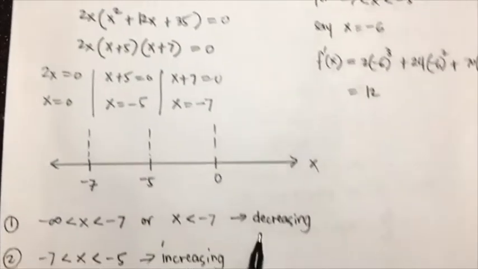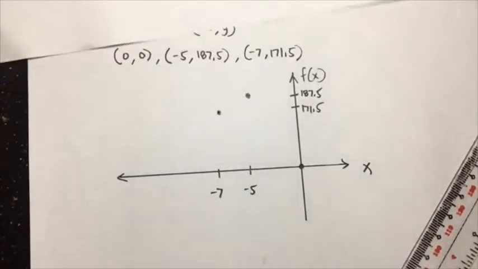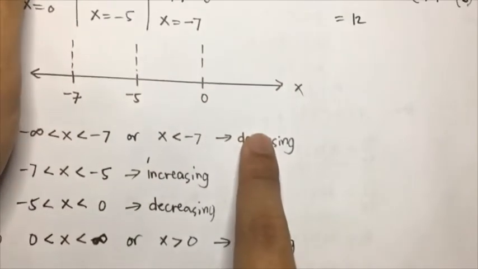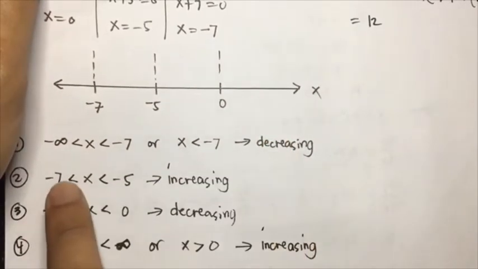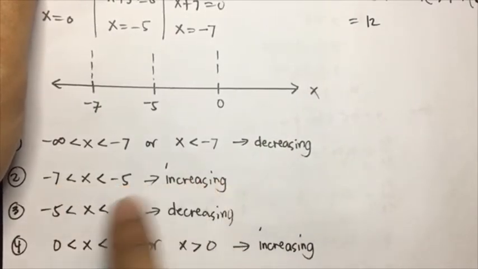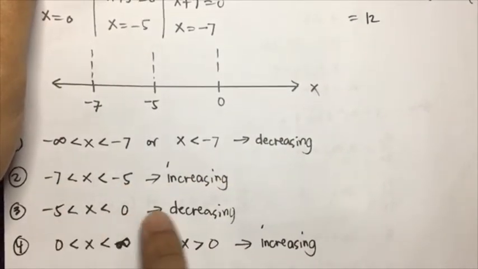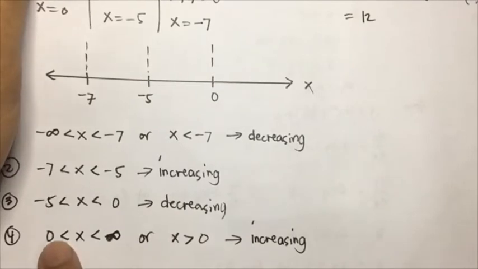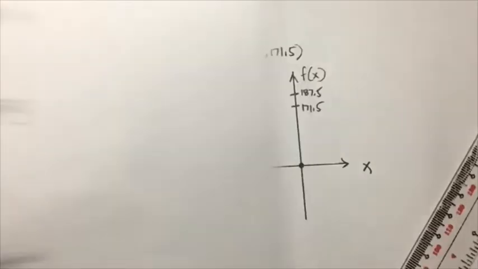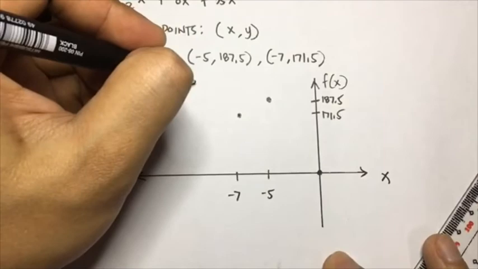Okay, so for the first interval, we can see that it is decreasing. From negative 7 to negative 5 it's increasing, from negative 5 to 0 it's again decreasing, and from 0 to positive infinity it's increasing. So therefore our graph will look like this.